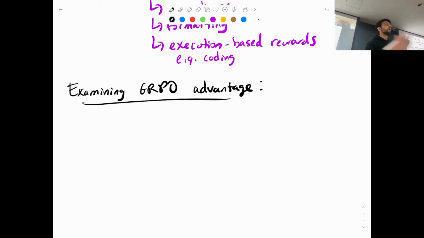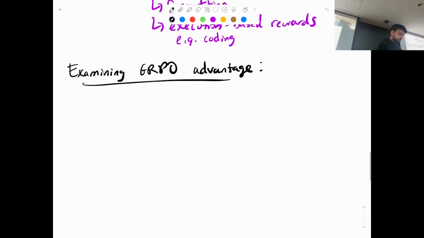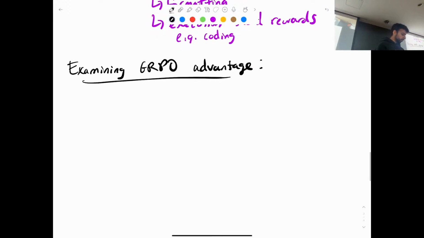We will score all of those with whatever verifiable reward. Let's just say it's a math problem. We generate 8 answers from the language model. We score each of them for correctness with a simple binary reward, where it's 1 if it's correct or 0 otherwise. But later on, we'll also look at what happens if we use more complex rewards and why the GRPO formulation is good.